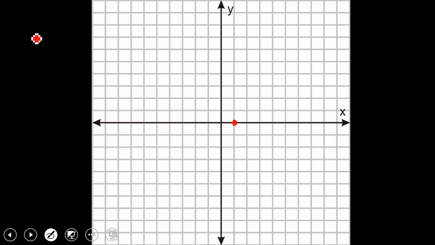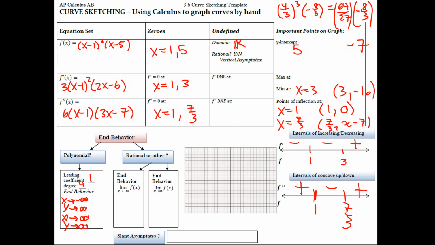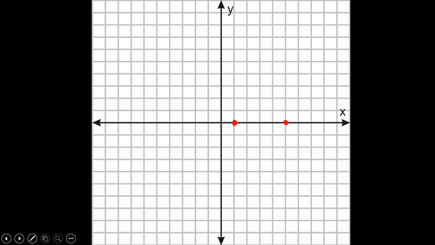Perfect. So I know that my y-intercept is at 5. So I can go back to that and do my 1, 2, 3, 4, 5. So I know that that's there as well. Okay, very good. I know that I have a minimum at 3, negative 16.